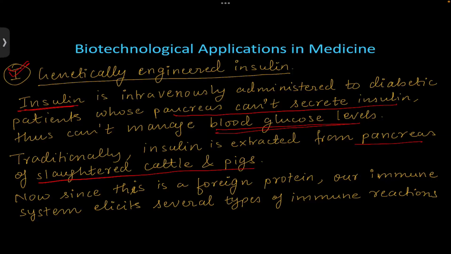That is why the patients who have taken this insulin of pig or cattle have displayed immune responses, several types of immune response, which might be some kind of allergy or maybe something extreme.